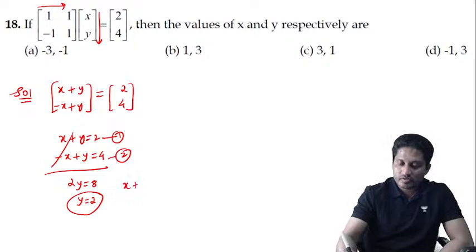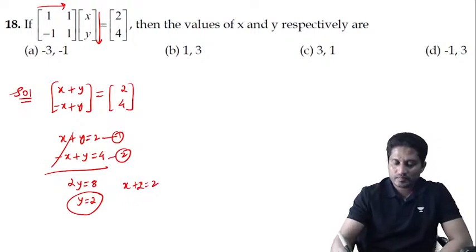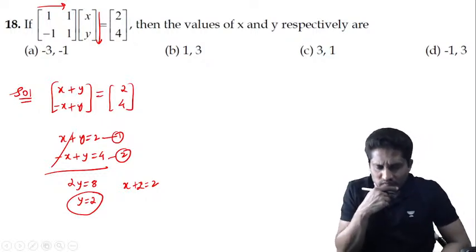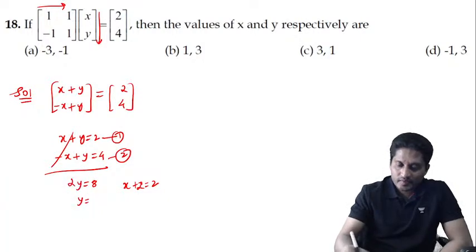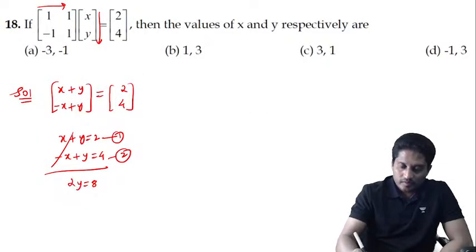That is x plus 2 is equal to 2. Sorry, first row, first column x plus y, y is equal to 4, right? Y is equal to 4.